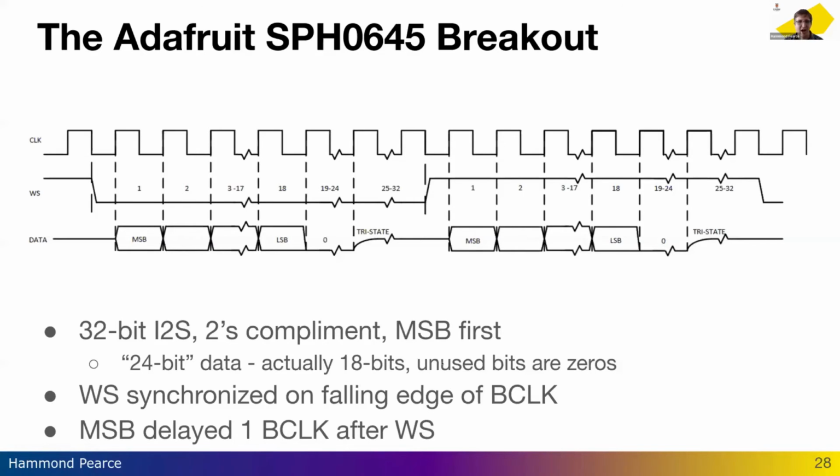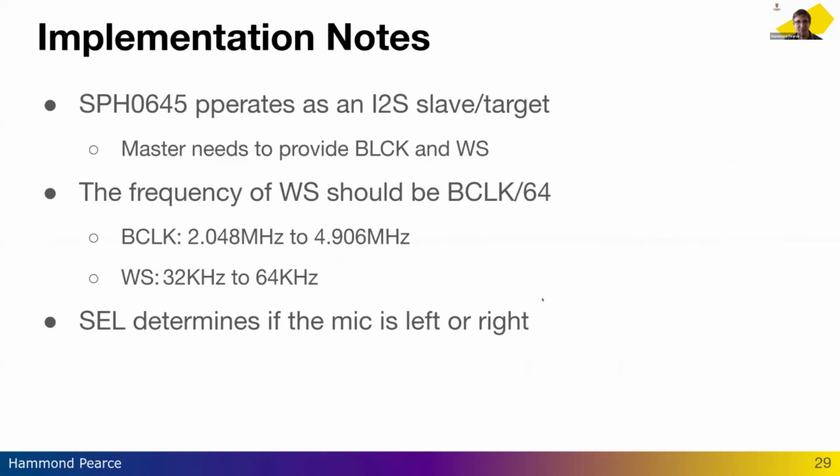So that's nice. And then it says here we need to synchronize the word select on the falling edge of the bit clock, which is a bit irritating. And also the first bit is delayed by 1 bit clock. So there are a few different pieces here that we need to juggle to see if that'll work.